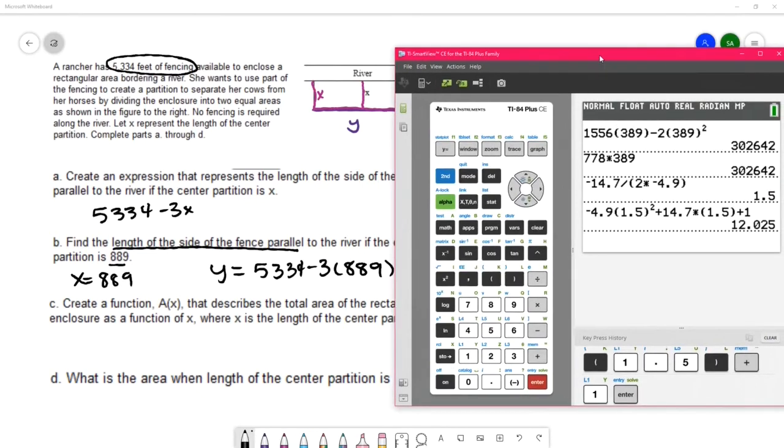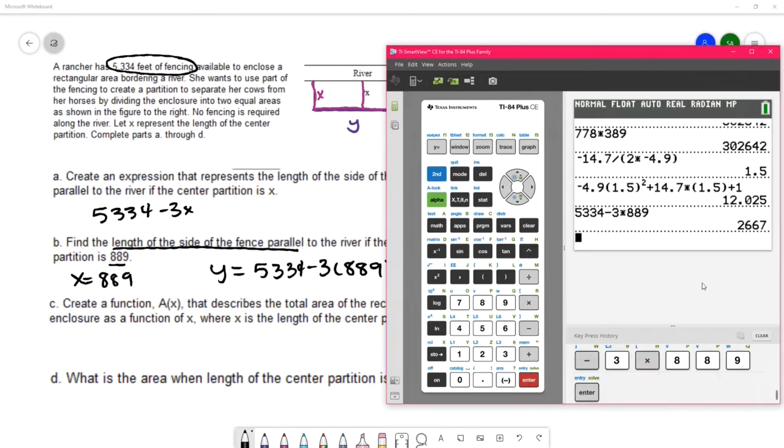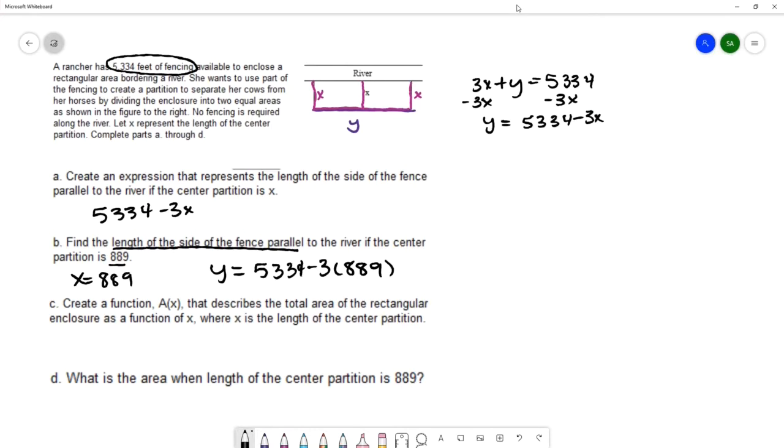So that's 5,334 minus 3 times 889, and that gives 2,667. And the units that we're using in this problem, let's see, are feet. So that's 2,667 feet.